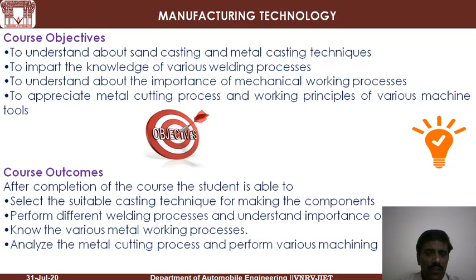Similarly, at the end of this course, the student is able to select the suitable casting techniques for making components, perform the different welding processes and understand the importance of welding, know the various metal working processes and analyze the metal cutting process and perform various machining processes. So these are the course outcomes. That means at the end of the course you are going to learn, or you are able to understand about this course.